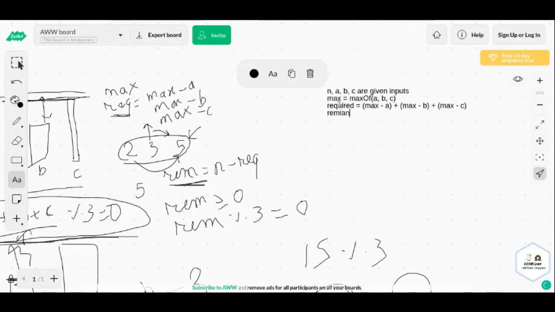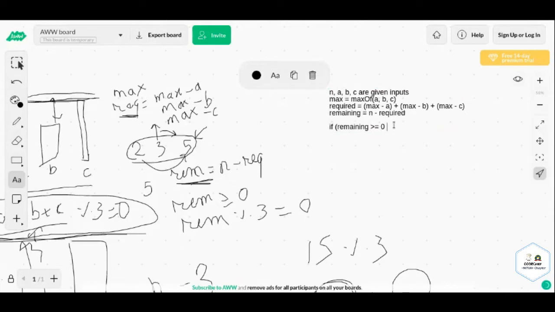And we have remaining coins. Remaining will be n minus required. Now, if remaining is greater than or equal to 0, first of all, and remaining modulo 3 is equal to 0, if that's the case, then print yes, otherwise no.